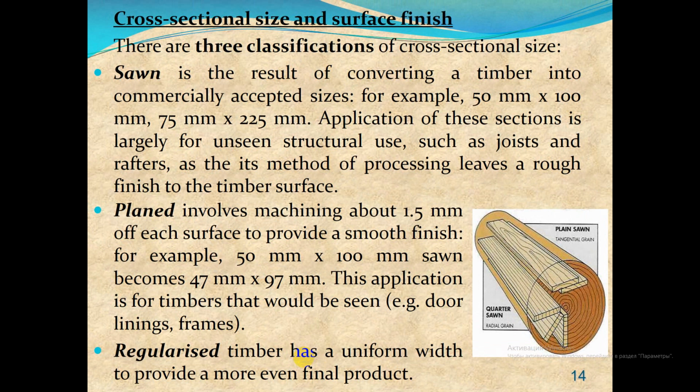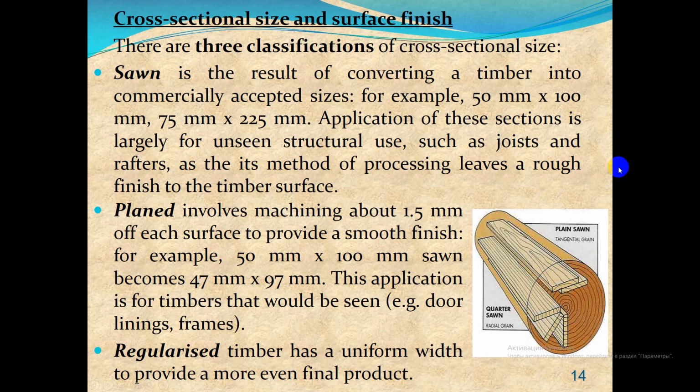Cross-sectional size and surface finish. Softwood cross-sectional size has previously been specified under three classifications. Sawn. Sawn is a result of converting a timber into commercially accepted sizes.